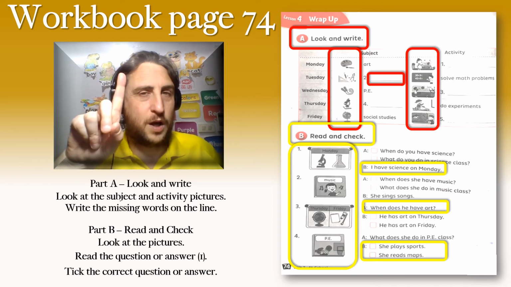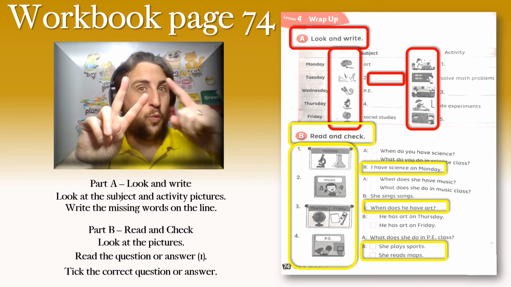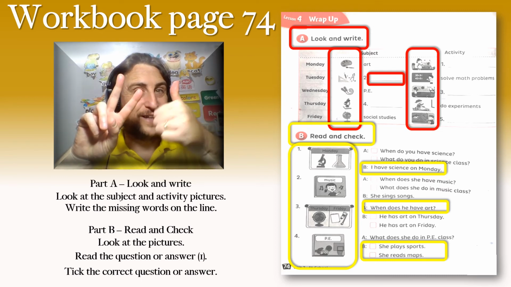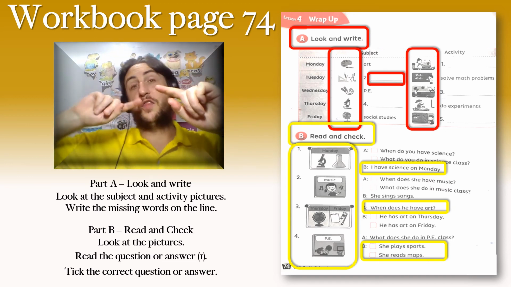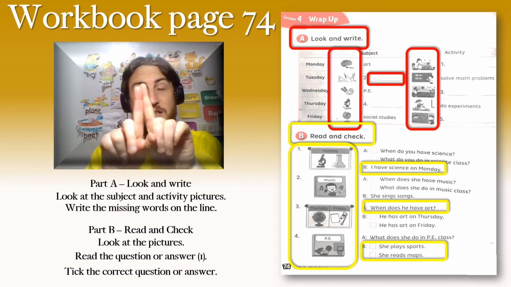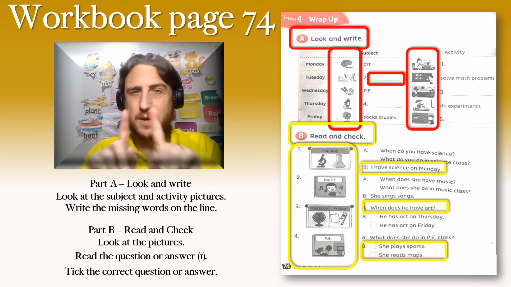So if you have one question, there will be two answers. One answer will be correct and one answer will be wrong for the question. The question and answer must match. Do you understand? They must match.